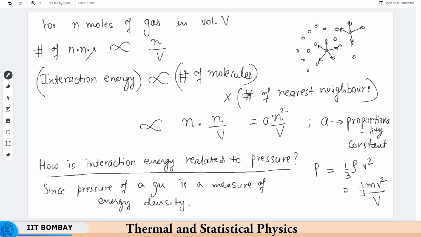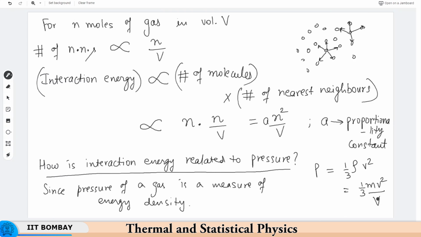what is the incremental change in pressure corresponding to an incremental change in volume? If I change the volume, the pressure will change.